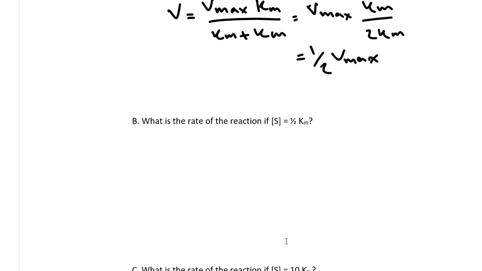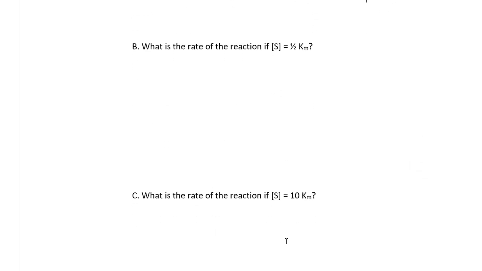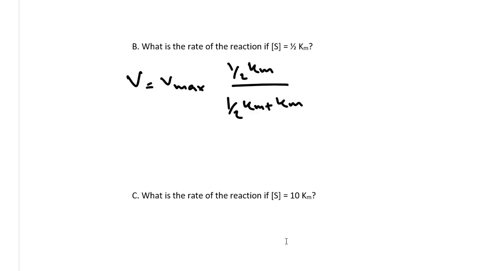What is the rate of the reaction if the concentration of substrate is half a Km? So let's plug that in. V equals Vmax, and the concentration of substrate equals half a Km, so half a Km over half a Km plus Km. That gives us Vmax times half a Km over 1.5 Km.